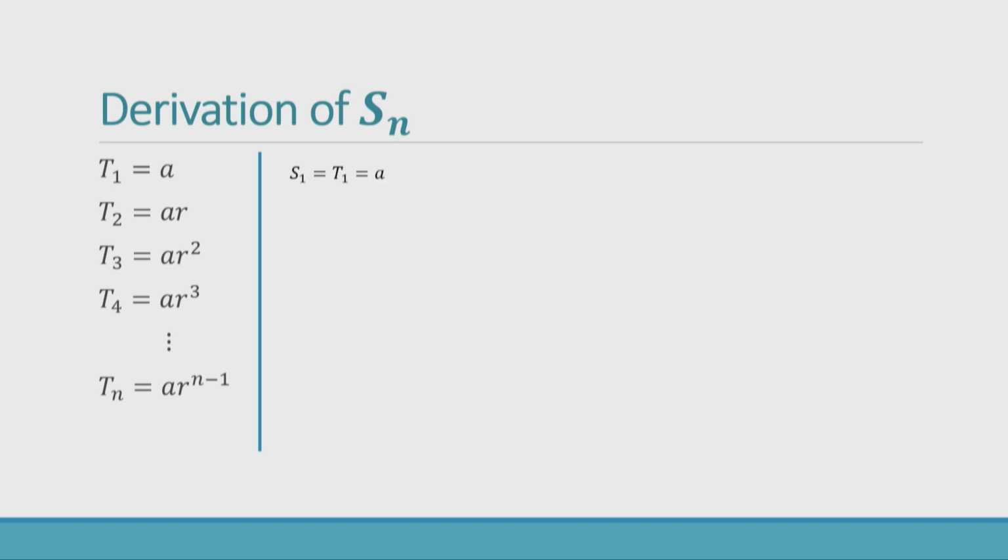That is, S1 will be equal to T1, which is equal to A. S2 is the sum of the first two terms. That is T1 plus T2, which is A plus AR. In the same way, S3 is the sum of the first three terms. That is T1 plus T2 plus T3, which is A plus AR plus AR square.